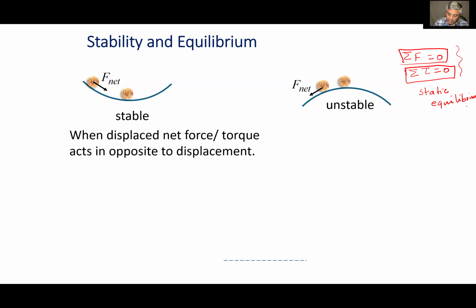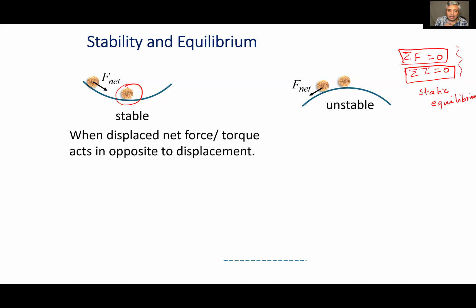I'll show you. But here, what happens is, some object, although it may be in equilibrium, that equilibrium may be stable or unstable. So for example, let's say the object is like a bowl, bottom of the bowl sitting there. You give it a push, and then what happens?